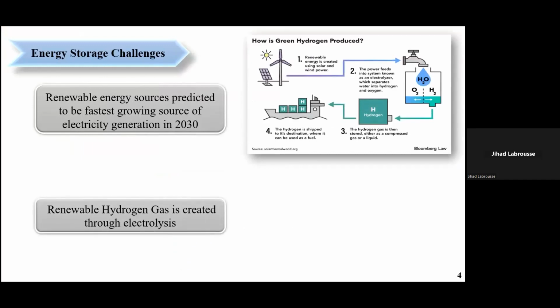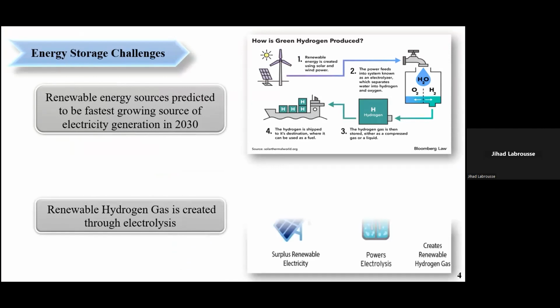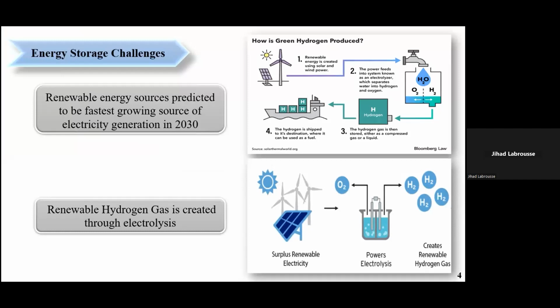Actually, renewable energy sources are experiencing a period of rapid growth, with the U.S. Information Agency predicting that it will be the fastest growing energy source in the near future. However, renewables suffer from supply and demand imbalances because the mass production period is when electricity demand is lowest, and vice versa, leading to the waste of energy.